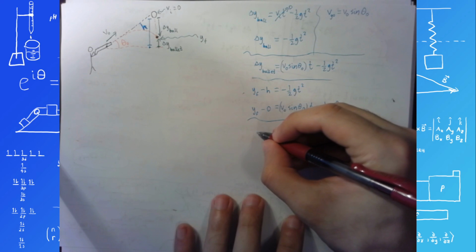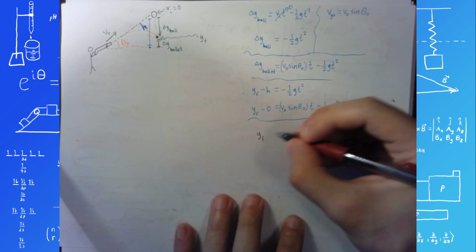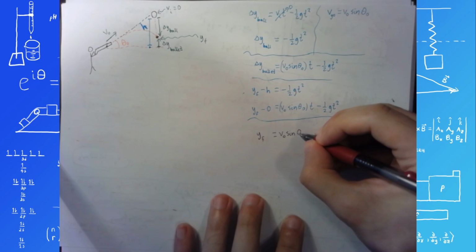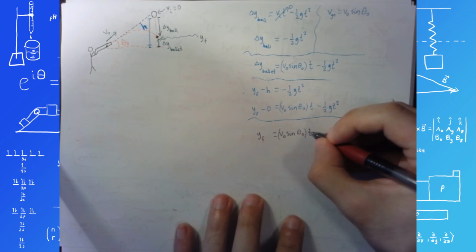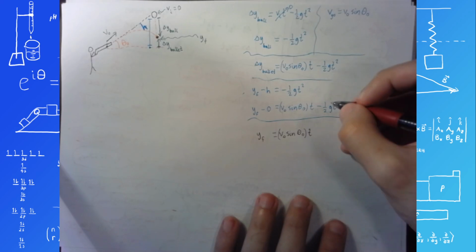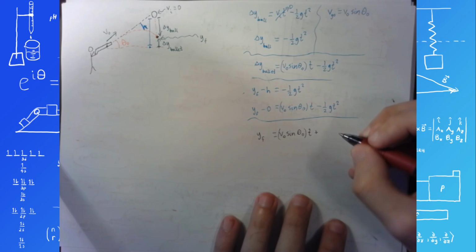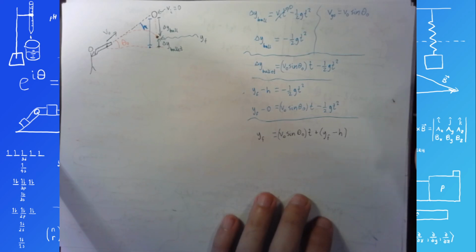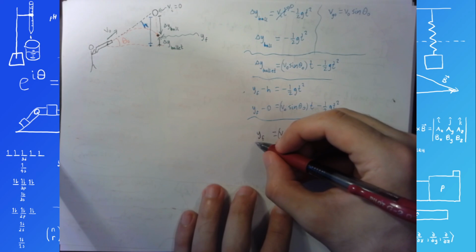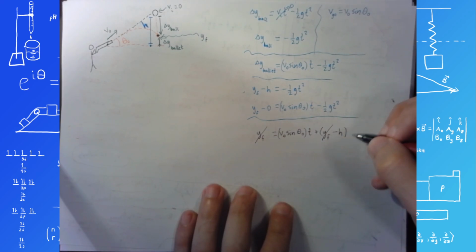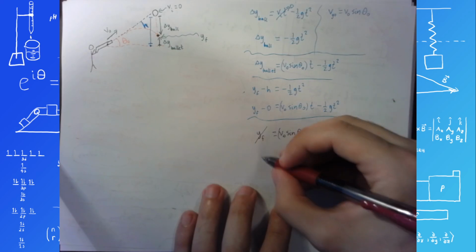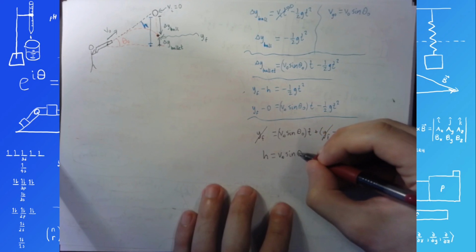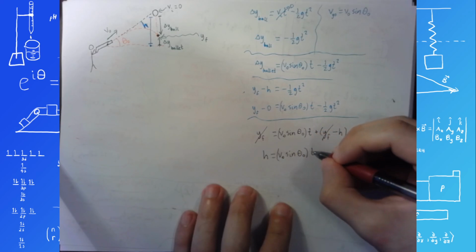So y final minus 0, or just y final, equals V0 sine theta 0 times t, and then minus 1/2 gt squared becomes plus y final minus h. I can cancel a y final on both sides, and I will add h to both sides to get h equals V0 sine theta 0 times t.